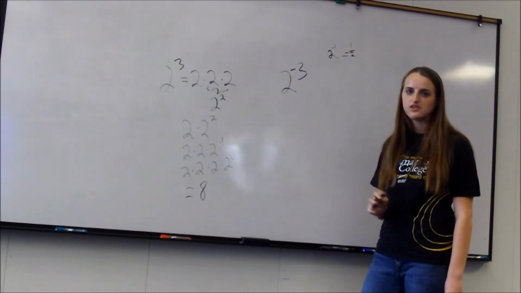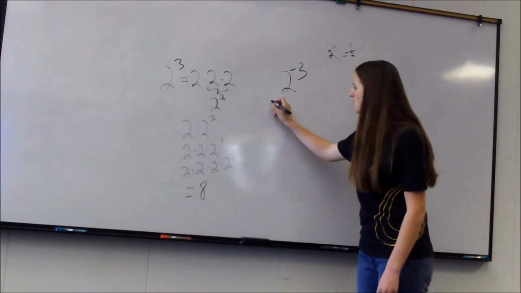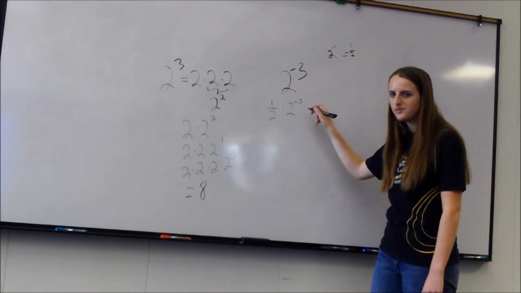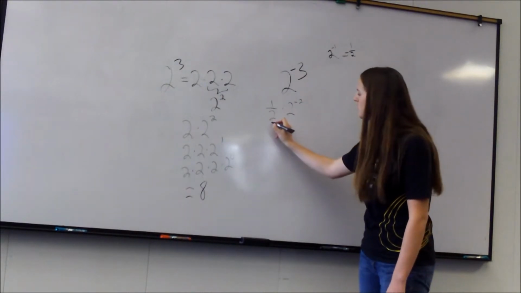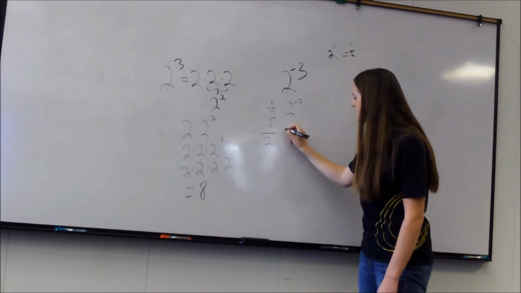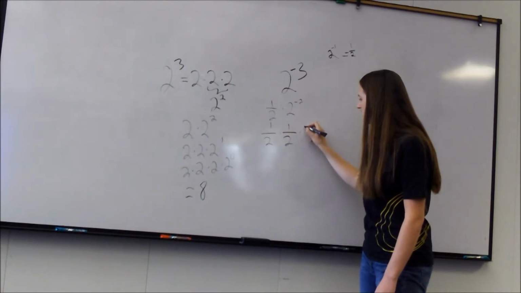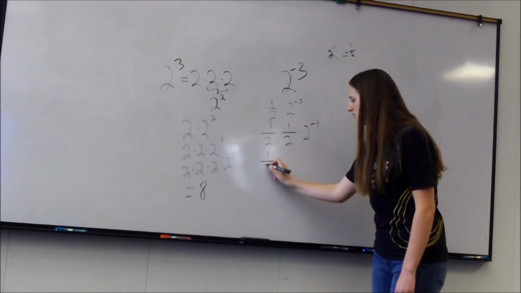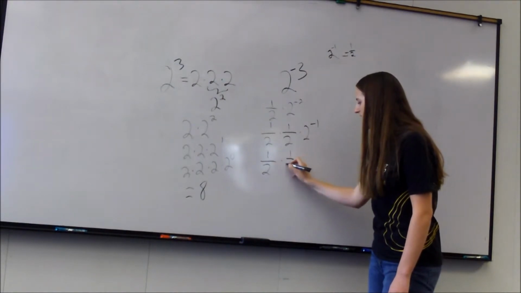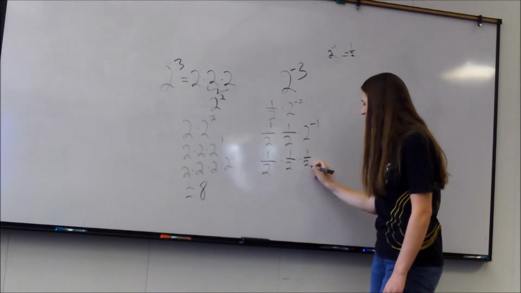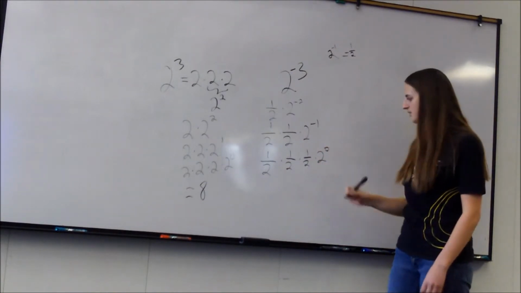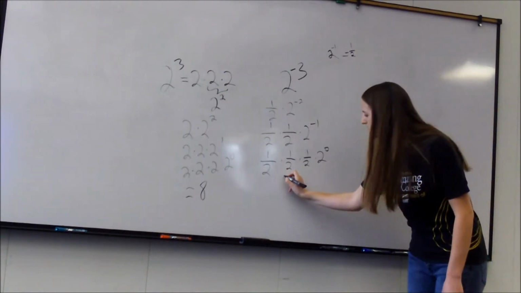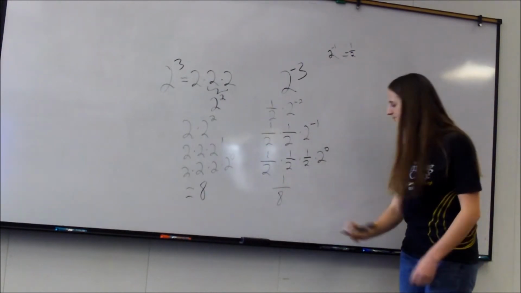So, calculating out 2 to the negative third recursively, we get 1/2 times 2 to the negative second, increase our power by 1, which is equal to 1/2 times 1/2 times 2 to the negative first, which is equal to 1/2 times 1/2 times 1/2 times 2 to the 0. We've hit our base case, so we know that 2 to the negative third is equal to 1/8.